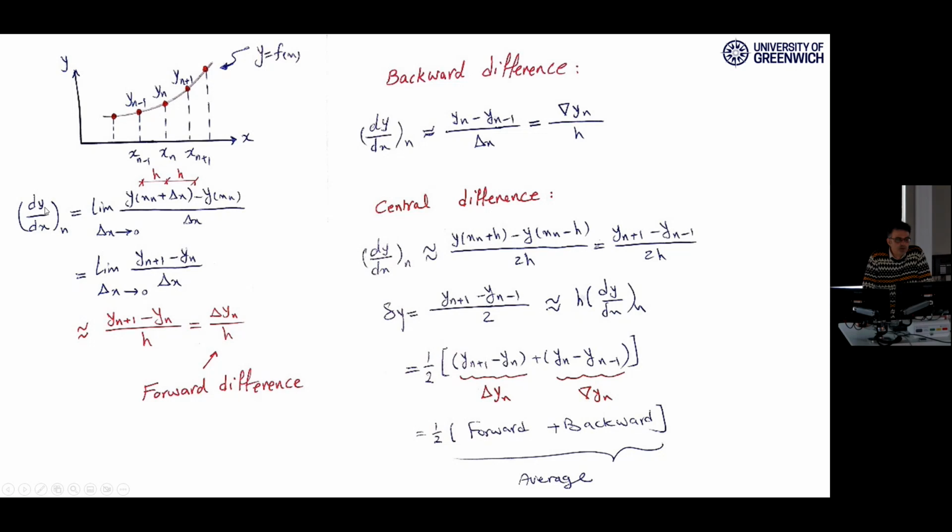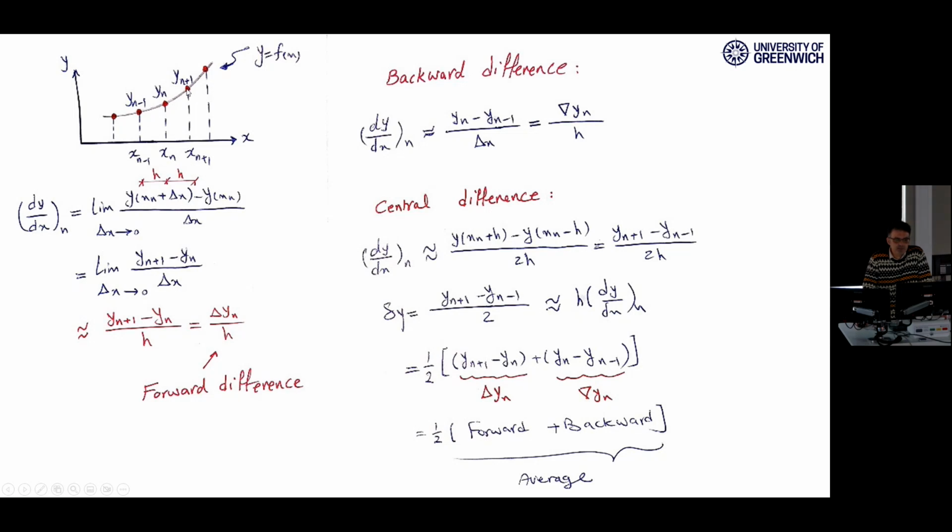The derivative of y with respect to x, dy over dx, at node n is at this point. What is the derivative of the function? This is the definition of the derivative: the limit of y at xn plus delta x. Delta x is this one. I've shown it with h. This is delta x, okay? It means y at xn plus delta x.